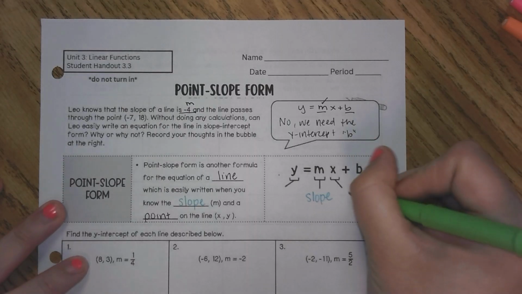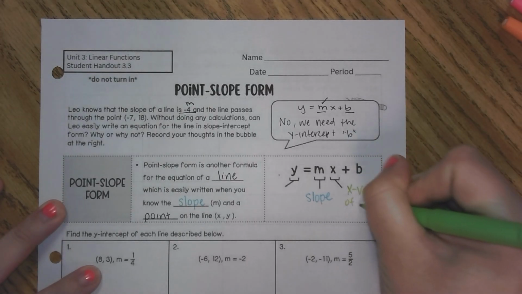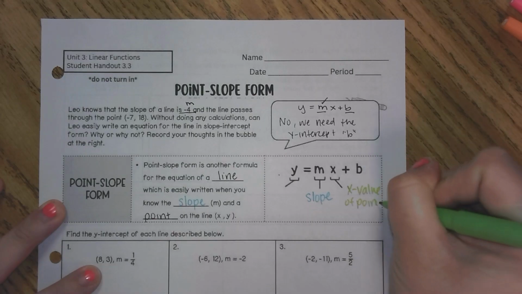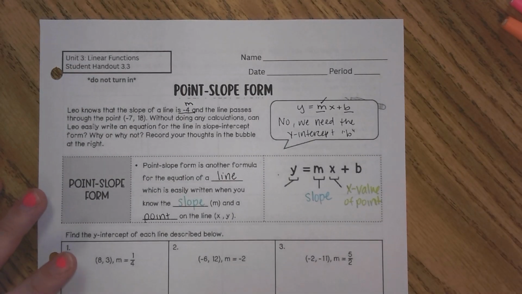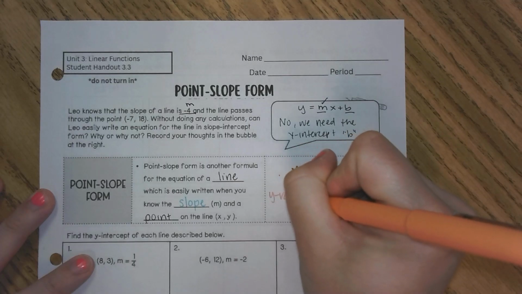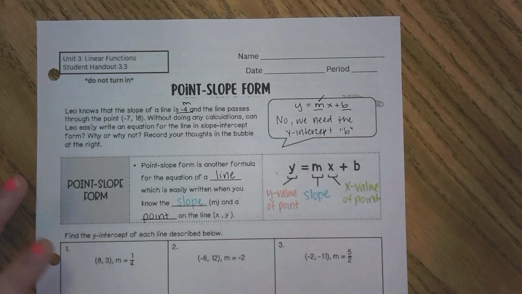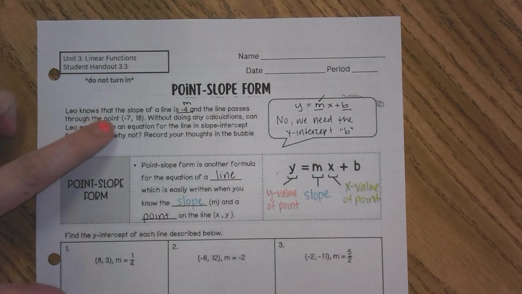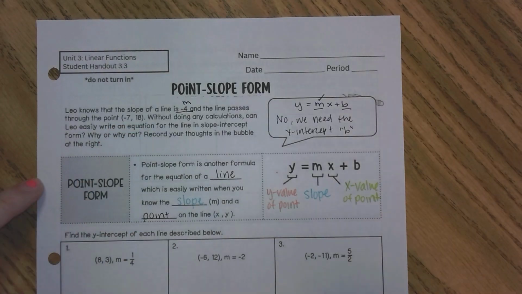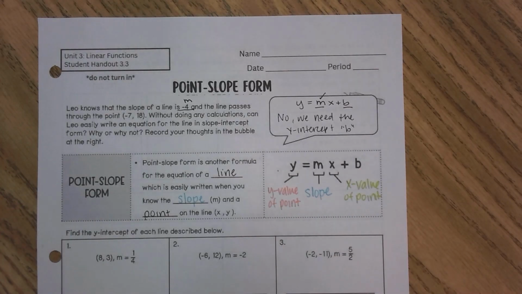So x is going to be the x value of your point, and then y represents the y value of that same point. Anytime you're given a point, you're given the x and y. Kind of like up here, so -7 was our x, 18 was our y. So those are now going to go in our x, y position, and b is what we're going to be trying to find this time.